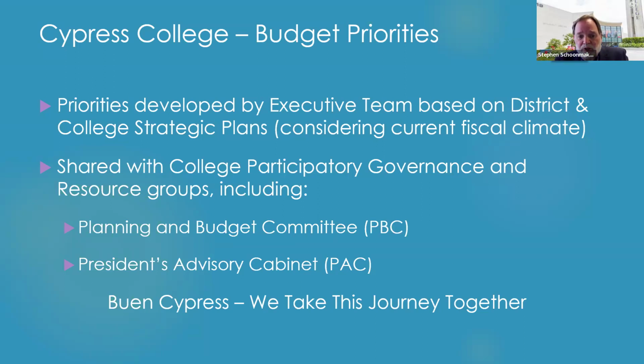So we look at budgeting as part of our planning process. We look at program review. We look at our campus services programs, those reviews. And then we establish priorities based on both the district and the college's strategic plans.